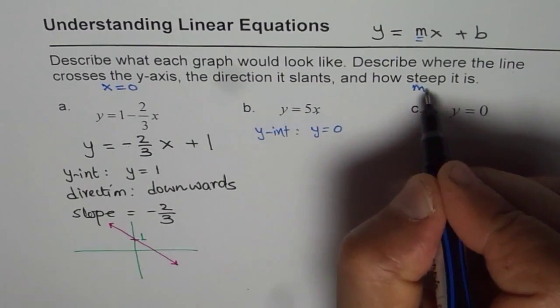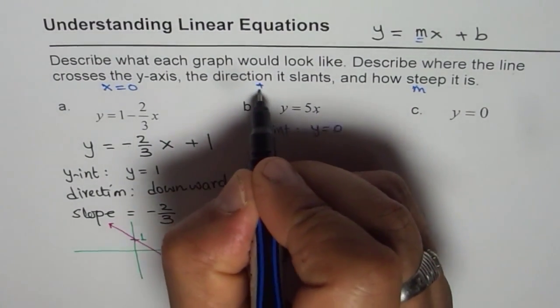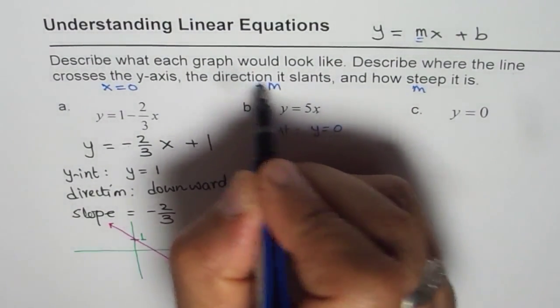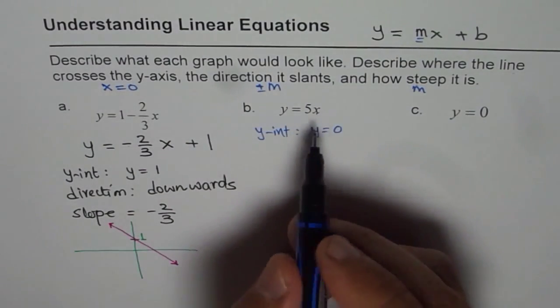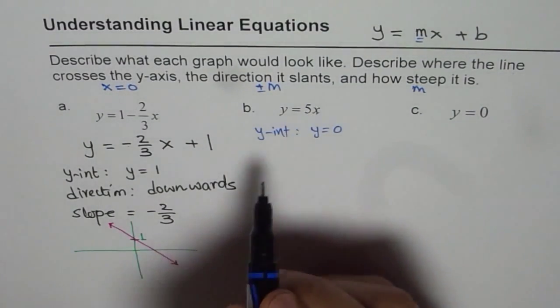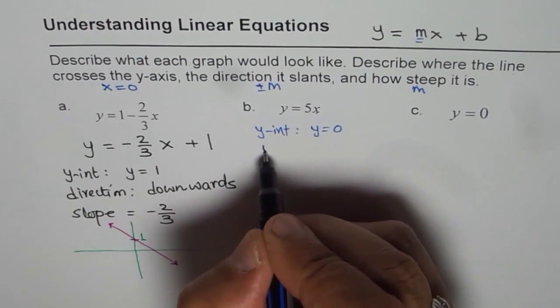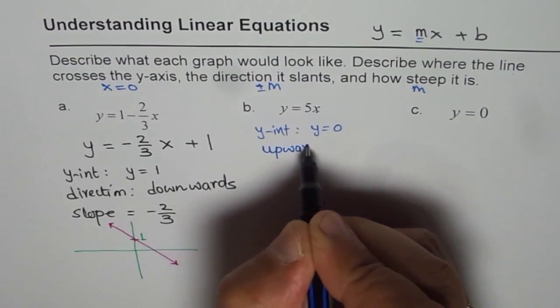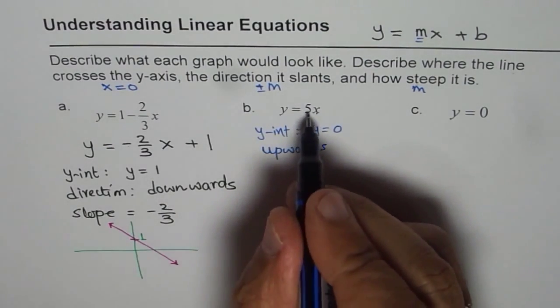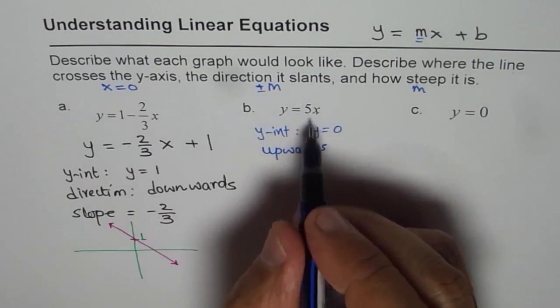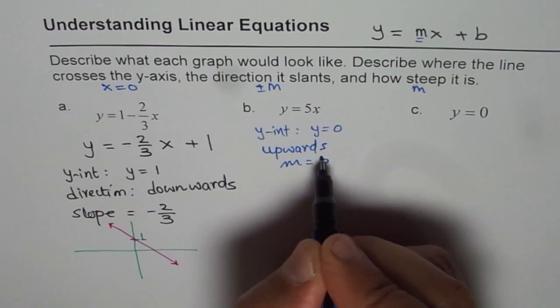And how steep it is is the value of m. So the value of m gives you how steep, and the plus or minus sign of m gives you the direction. Here the slope is 5, which is positive 5, so it is going upwards. And how steep is it? With a slope m of 5, right?